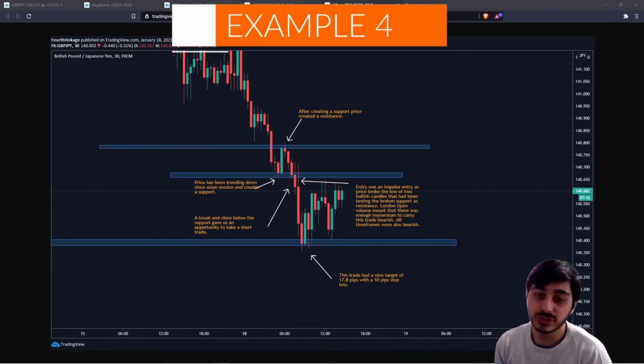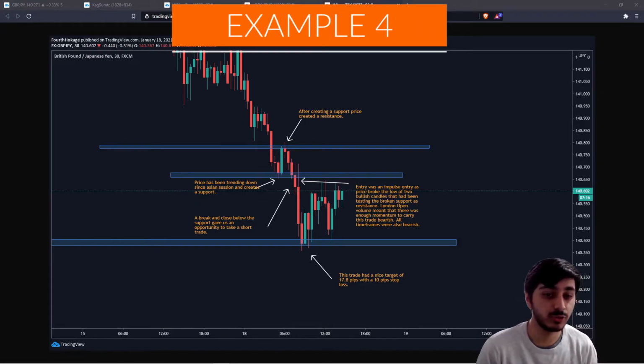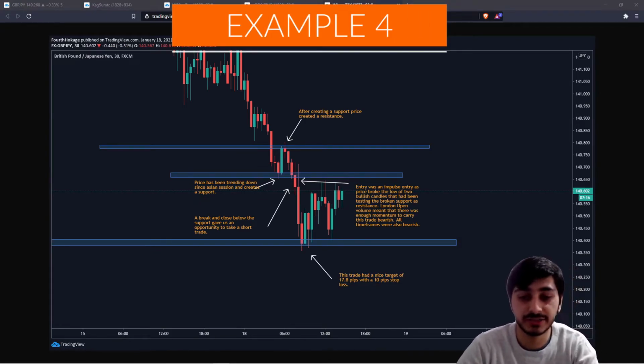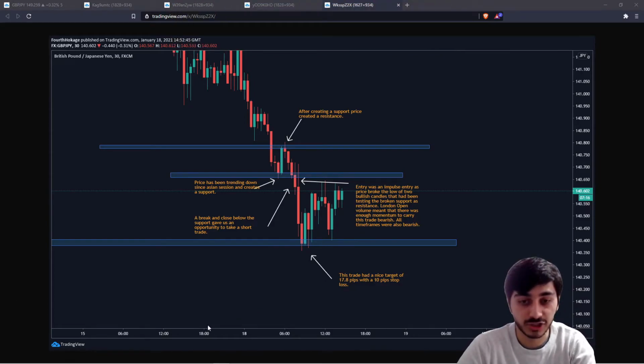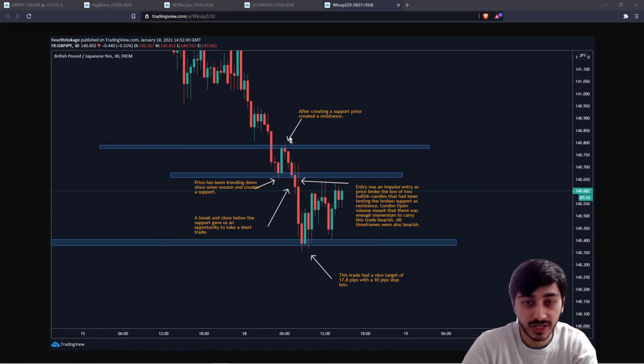And for my final example, we have the same sort of scenario. I did try to find some examples of price trending upwards, but I was unable to, because from my recent journaling I just don't have any, and I wanted to show you some recent examples on the charts. So we can see price in a downtrend. It moves downwards, forms a support, then forms a resistance, and then price comes downwards.